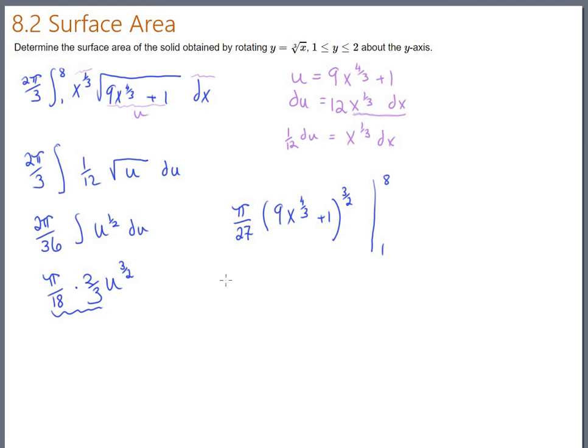So let's finish it off. So plugging in 8. Let's see, cube root of 8 is 2. 2 to the 4th is 16. 9 times 16, I can't do it in my head, plus 1, all that to the 3/2. That was just plugging in 8. And then plugging in 1 gives us 9 plus 1, which is 10, to the 3/2.